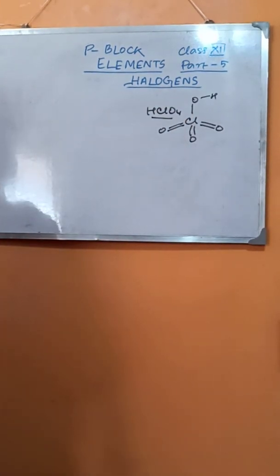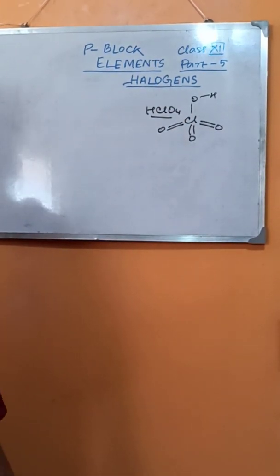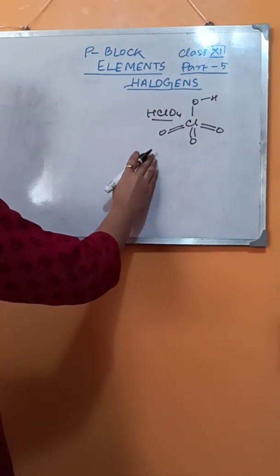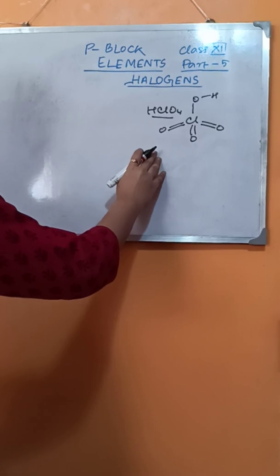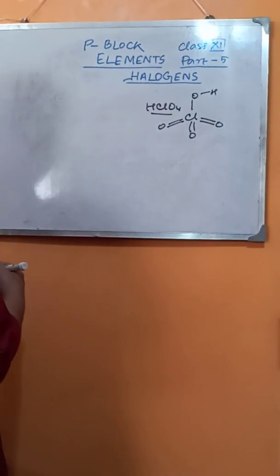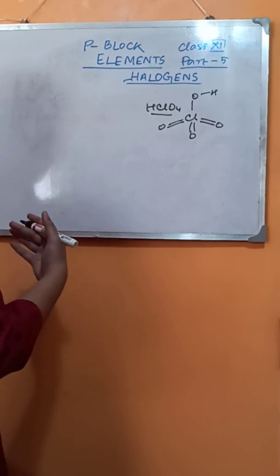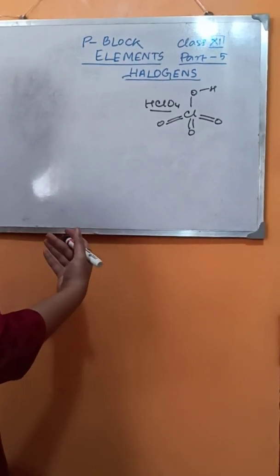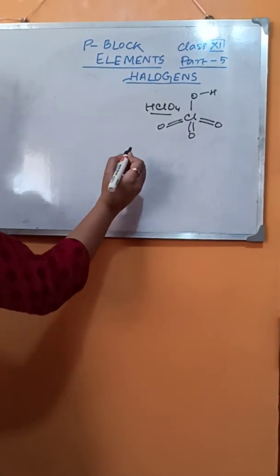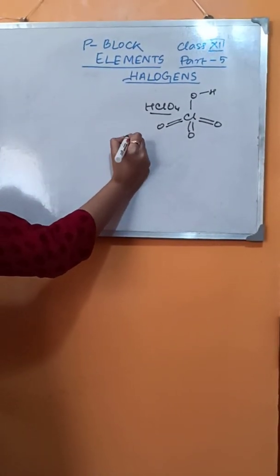Okay. Next important part here is the acidic character of the oxo acids. First, I'll come to the acidic character order for the oxo acids of different halogens having the same oxidation number.